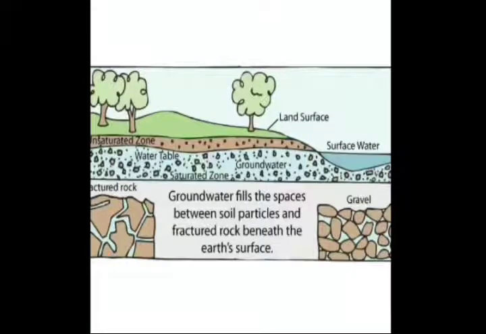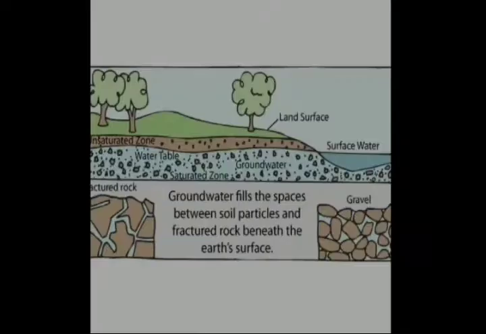This is the water collected over the hard non-porous rocks below the surface of the earth, and it can be used by us for drinking and other purposes, whether agricultural or industrial.